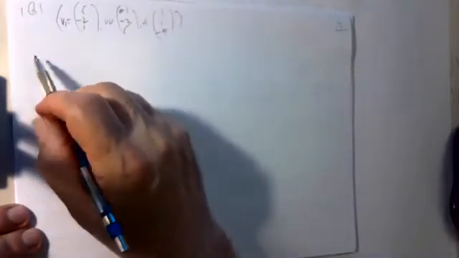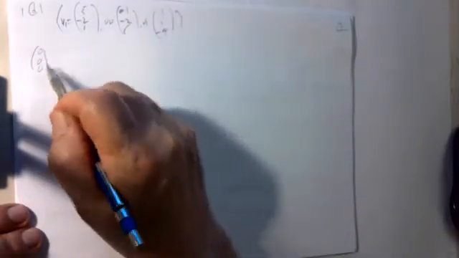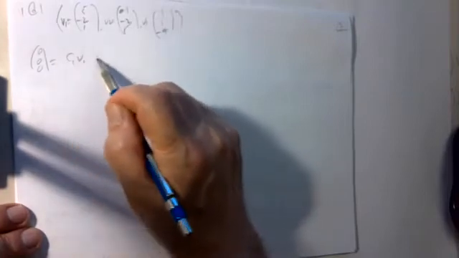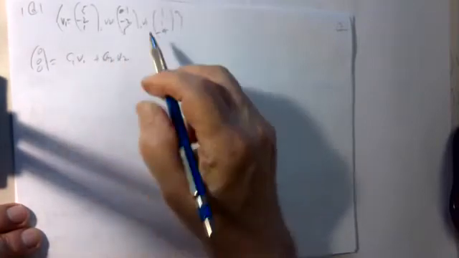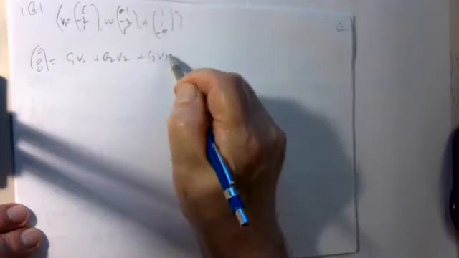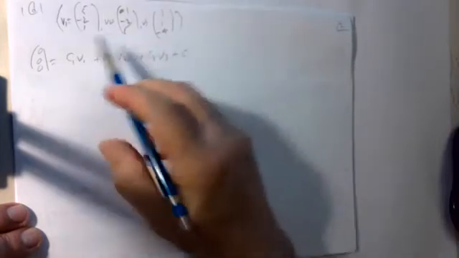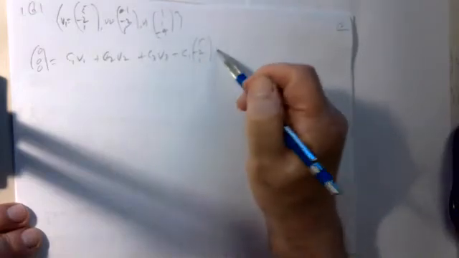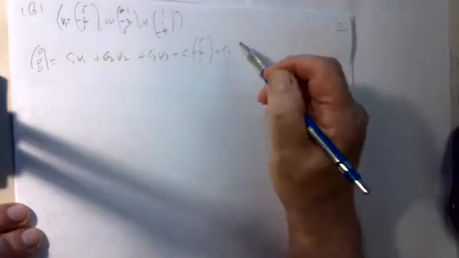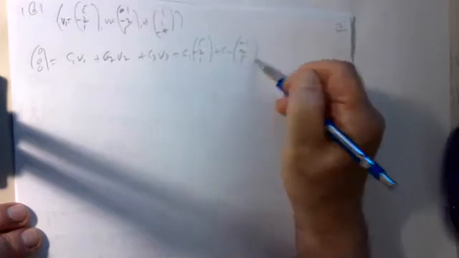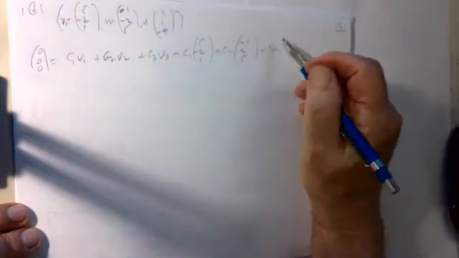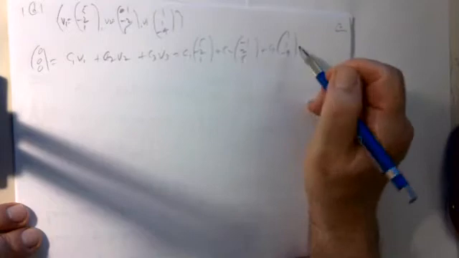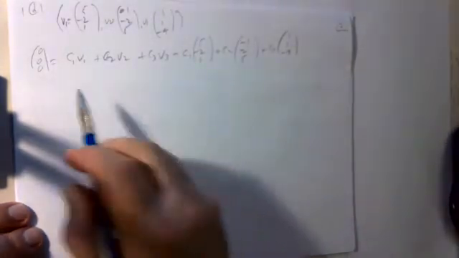So suppose that the 0 vector is a linear combination of these. That means C1 times the first vector, C2 times the second, and C3 times the third. So what are these vectors?